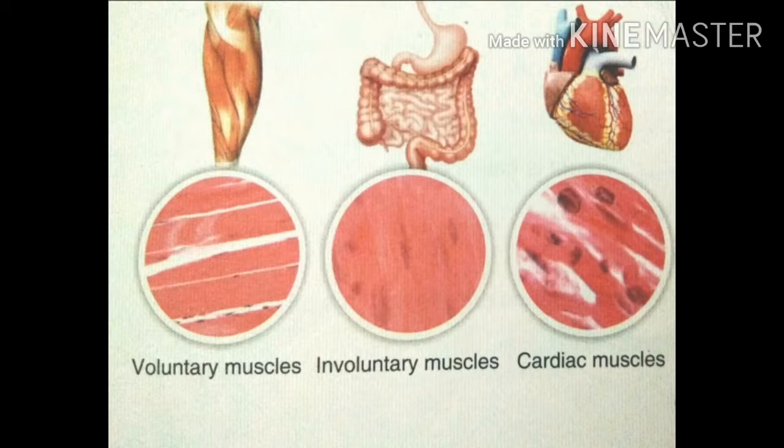The cells of these muscles do not have stripes on them, and they are also called smooth muscles.